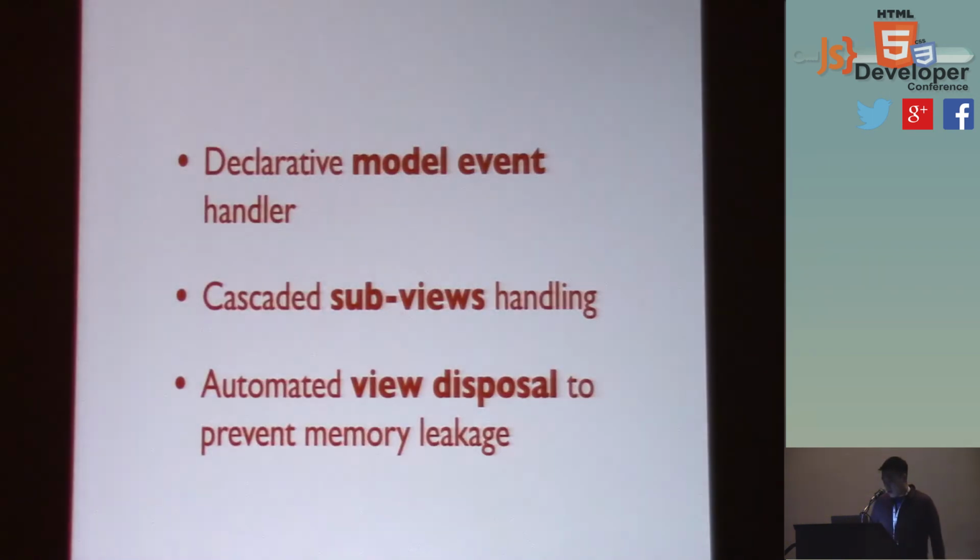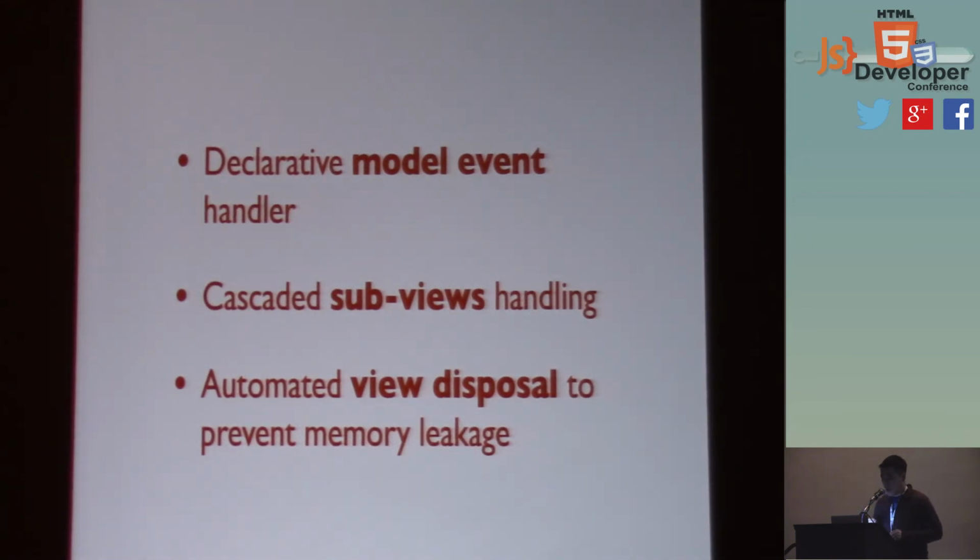And for the view part, we also have a declarative model event handler. Remember, we said model is the single source of truth, and view should always be observing the model. When model dispatches events, view redraws itself. This is the concept. This declarative model event handler is the implementation detail.